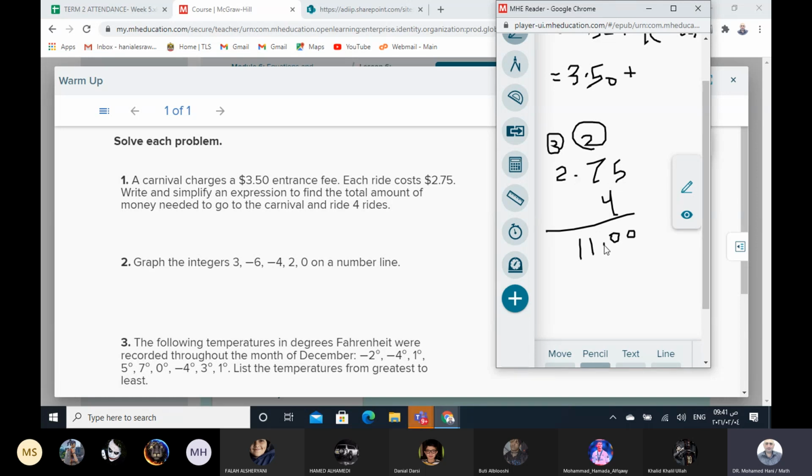The two zeros have no value, so we can remove them, and the answer here will be 11. Then add 3.50 plus 11, which will be 14.50.